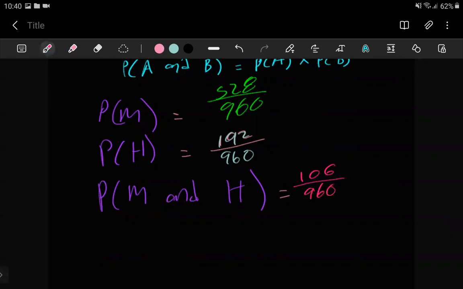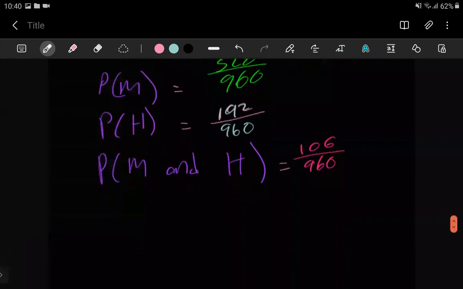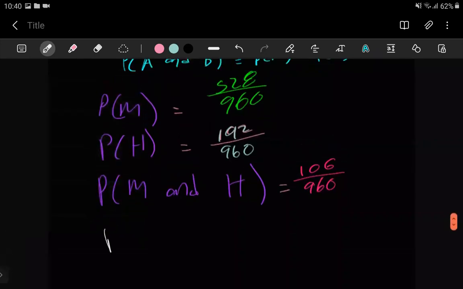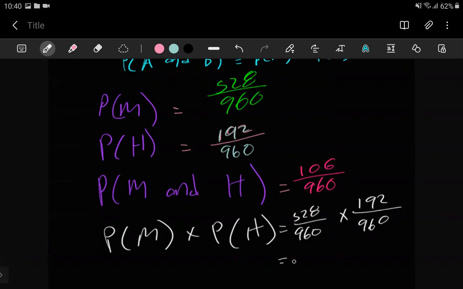So you just want to check if these numbers balance the equation. You check for yourself the probability of M multiplied by the probability of H. 528 over 960 times 192 over 960. What does this give you in the calculator?